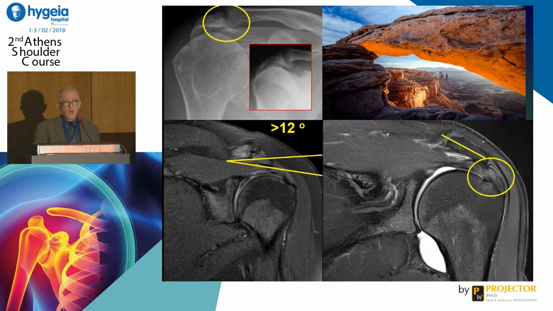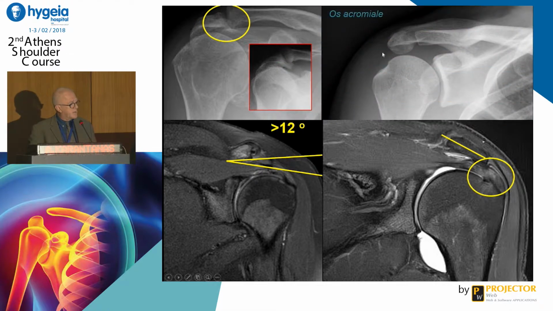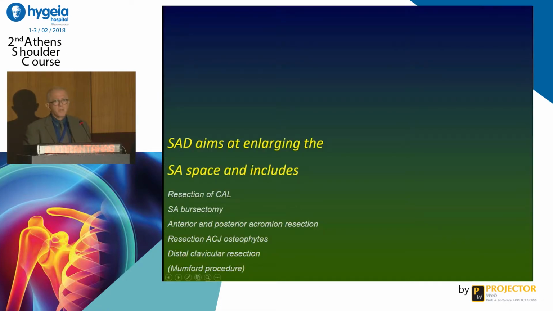Apart from the acromion, however, very common causes of impingement are the osteophytes, which are in the undersurface of the acromioclavicular joints, and also large os acromiale. So the subacromial decompression aims at enlarging the subacromial space and includes resection of the coracoacromial ligament, not in young athletes, as previous speakers suggested, because we don't wish the humeral head to migrate superiorly.